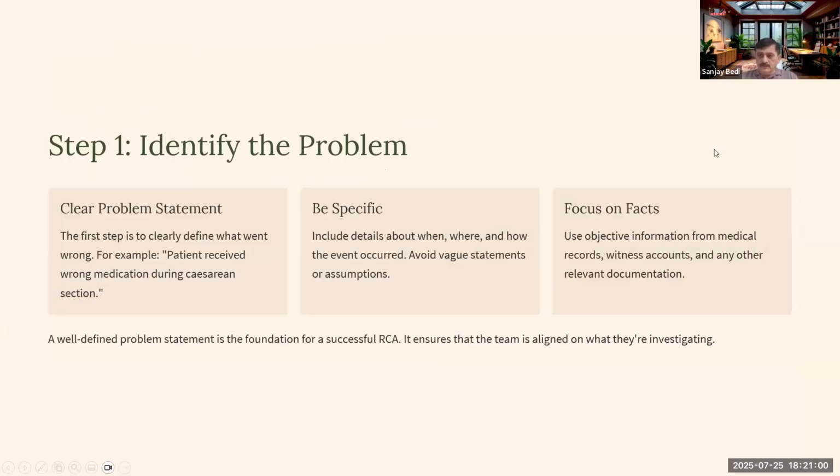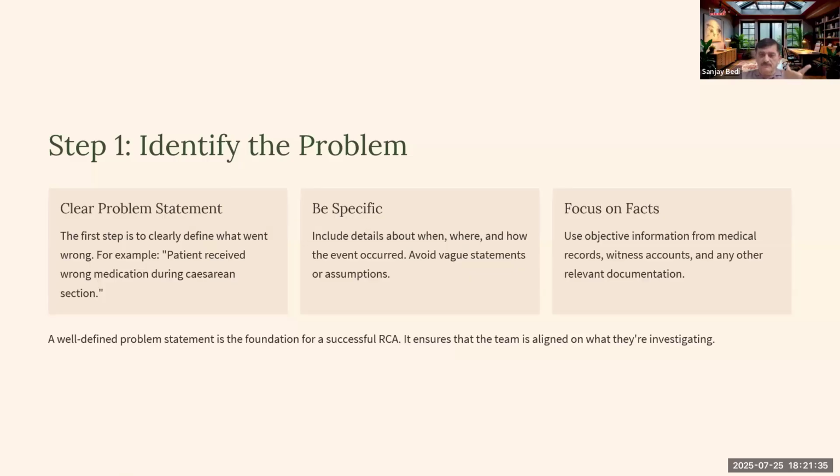Firstly, we should clear the problem statement. The first step is, for example, the patient received a wrong medication during cesarean section. Then we have to be very specific. Include details: when, where, and how the event occurred. This is where you said that we have to give the actual data.